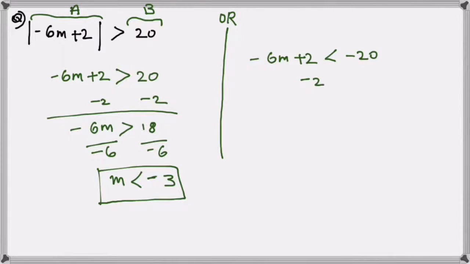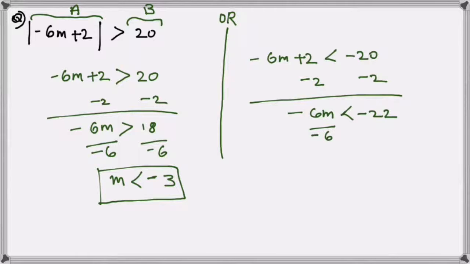Subtract 2 from both sides. You get negative 6m less than negative 22. Now again, divide both sides by negative 6. You know that you have to reverse this, right?